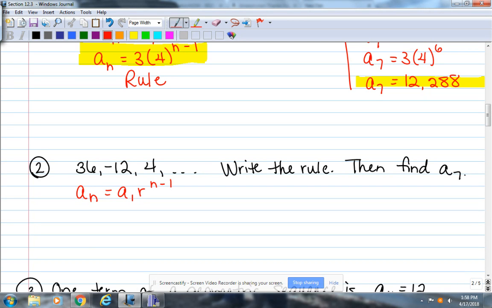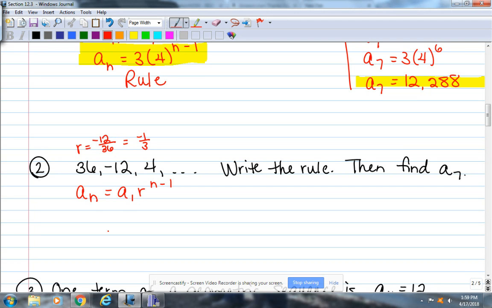So what two things do we have to know? The beginning number, the first term, which is 36. And what is r? The common ratio. How do we get the common ratio? Divide second by first. So it's negative 12 over 36. Reduce that to what? Negative 1/3.